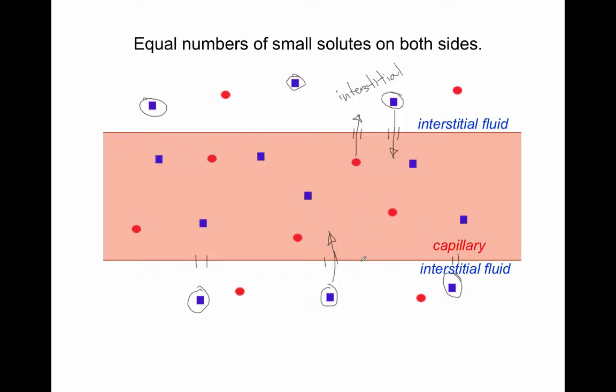Just through leak channels and basic diffusion, this is what would happen if there were no other components involved.